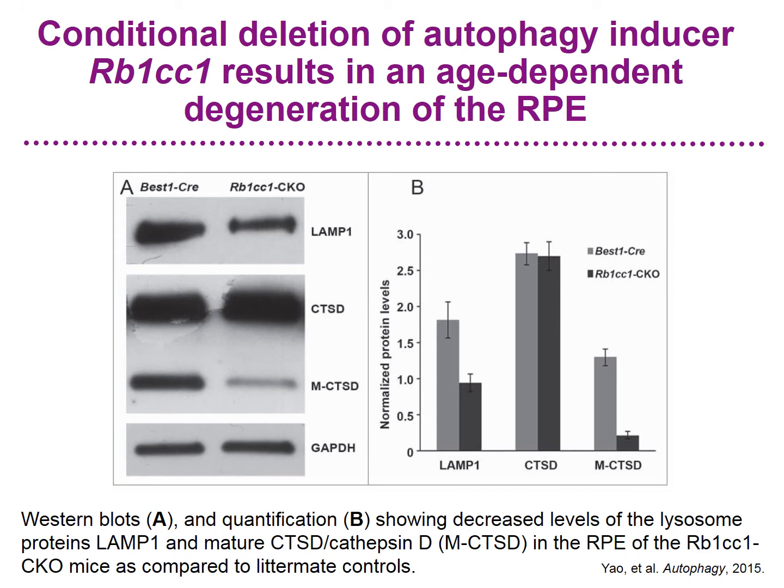Moreover, David Sachs' group elegantly showed that selectively deleting RB1CC1, a protein essential for induction of autophagy in RPE, resulted in multiple autophagy defects within the RPE, with decreased levels of lysosome markers as shown here and defective processing of intracellular debris.